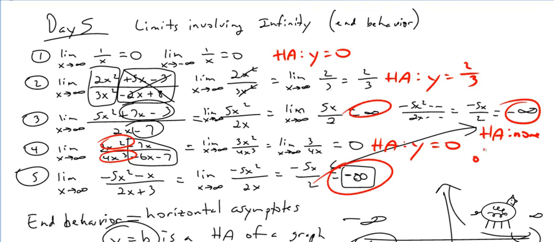It's an oblique asymptote. So it's not horizontal, it's oblique. Just looking at the problem, it's pretty easy to identify, right? The degree is bigger on top than on the bottom.